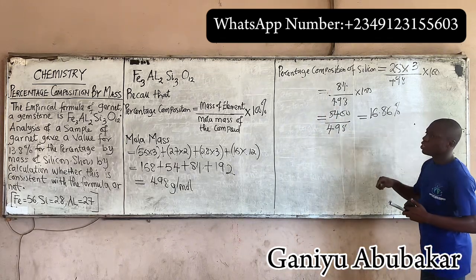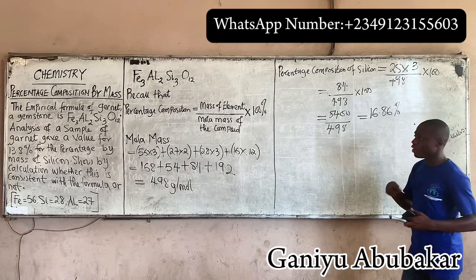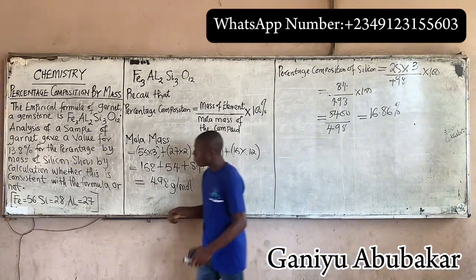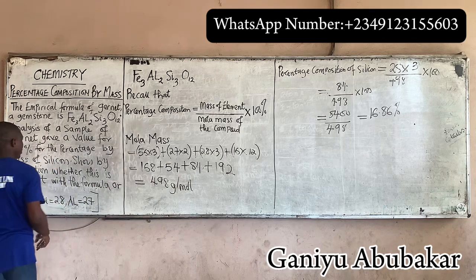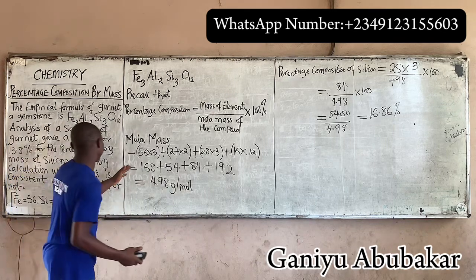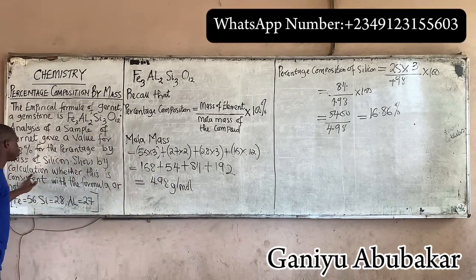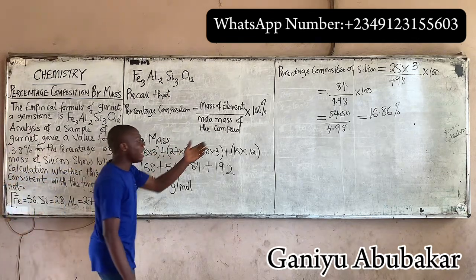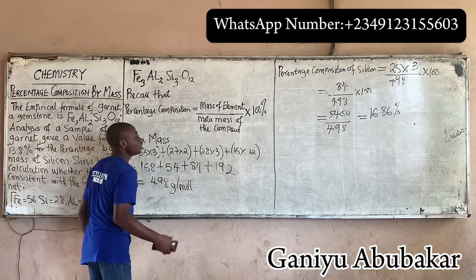Now listen up, the original value they gave us was about 30.8. So observe that when I said show by calculation whether this is consistent, my answer and the given answer here are not the same.